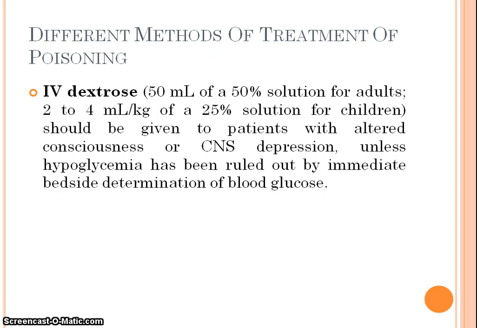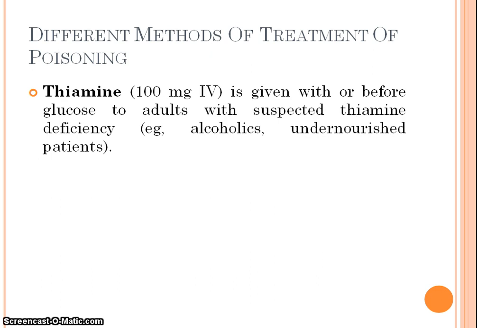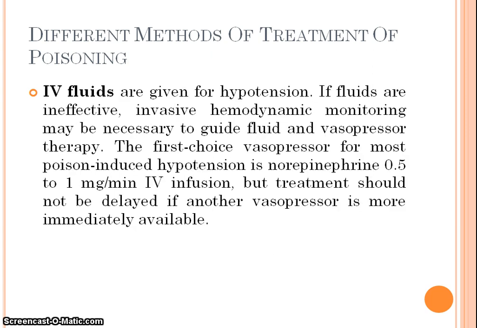Intravenous dextrose should be given to patients with altered consciousness or CNS depression unless hypoglycemia has been ruled out by immediate bedside determination of blood glucose. 100 milligrams of intravenous thiamine has to be given. Thiamine is given with or without glucose to adults with suspected thiamine deficiency, for example alcoholics and undernourished patients.